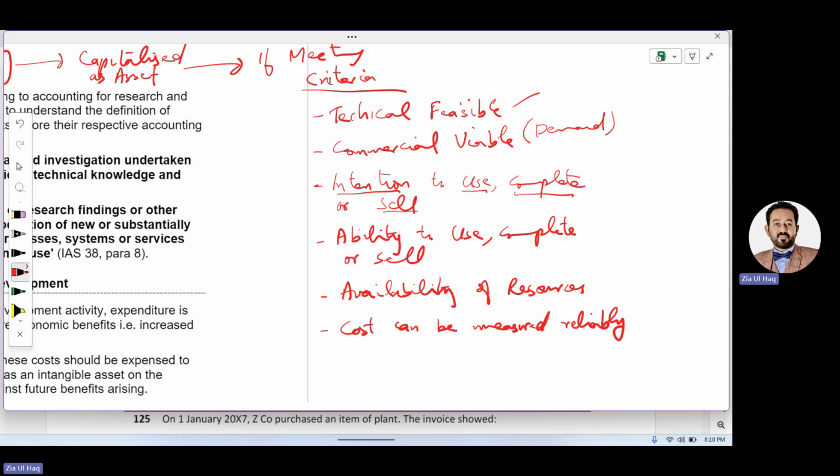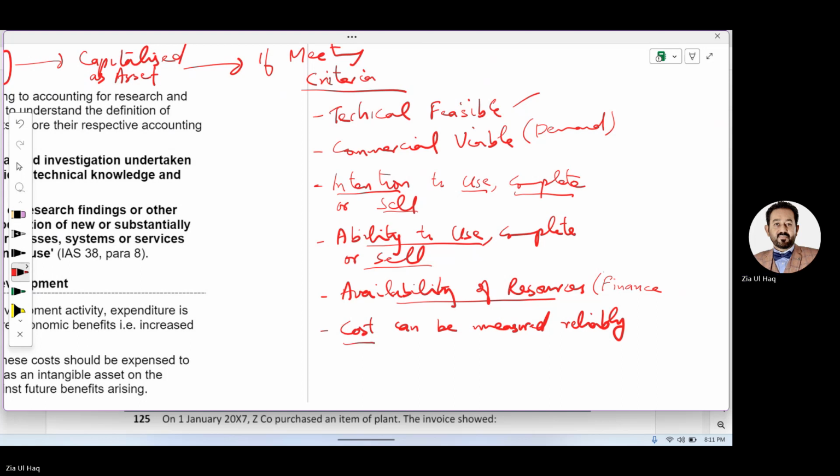So this means meeting this criterion. Not only the intention, they must have the ability, meaning having different resources, machinery, people who can produce that product. And there should be availability of resources, meaning finance should be available. Through this, you can produce the product and you can spend money on marketing.